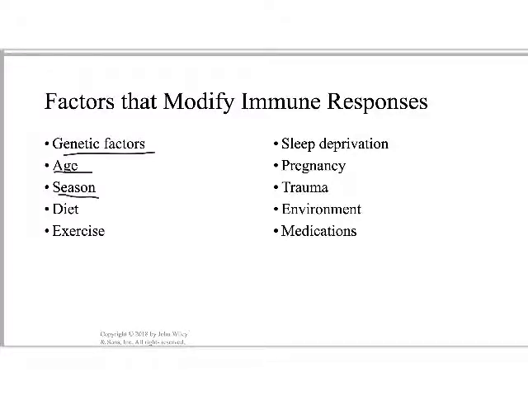The season, diet, so whether you're eating healthy or not, whether you're exercising, so the more your lymph moves through your body, the more stuff circulates. If you're sleep deprived, if you're pregnant, trauma, medications, so think about cancer treatments or things like that, and the environment can all decrease your immune response.